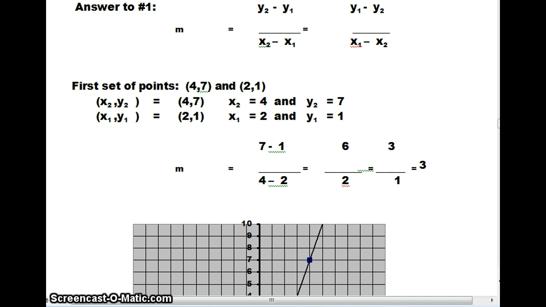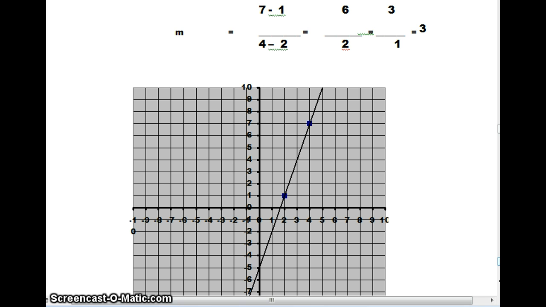If we take some of those points and we plot them, here would be our points, and with the slope being 6 over 2 or 3 over 1, they're exactly the same slope. On one of them, if we start at this point right here, we would count up 6, 1, 2, 3, 4, 5, 6, and to the right 2 brings us to this point.